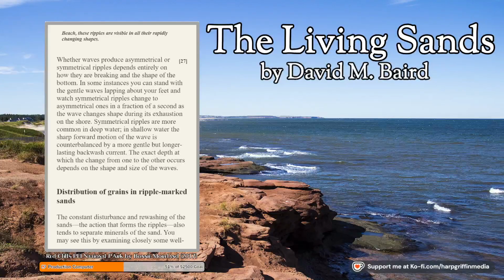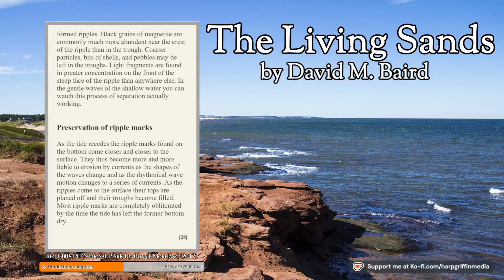Distribution of grains in ripple-marked sands. The constant disturbance and rewashing of the sands, the action that forms the ripples, also tends to separate minerals of the sand. You may see this by examining closely some well-formed ripples. Black grains of magnetite are commonly much more abundant near the crest of the ripple than in the trough.